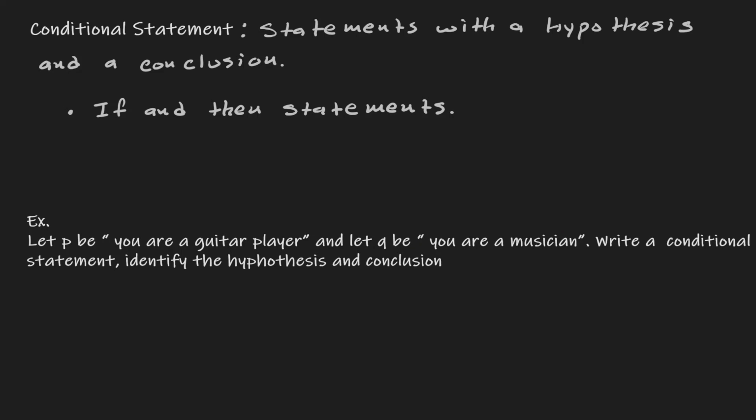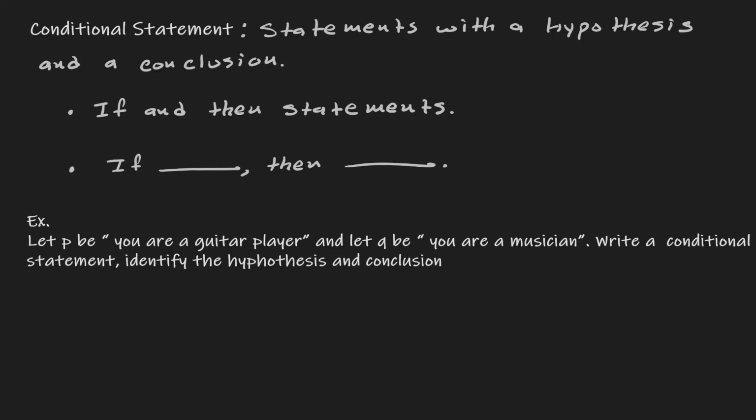The reason why they're also known as if-then statements is because of the way that these statements actually look. The way that we're going to be creating conditional statements is we're always saying, look, if something happens, then the consequence is the following.